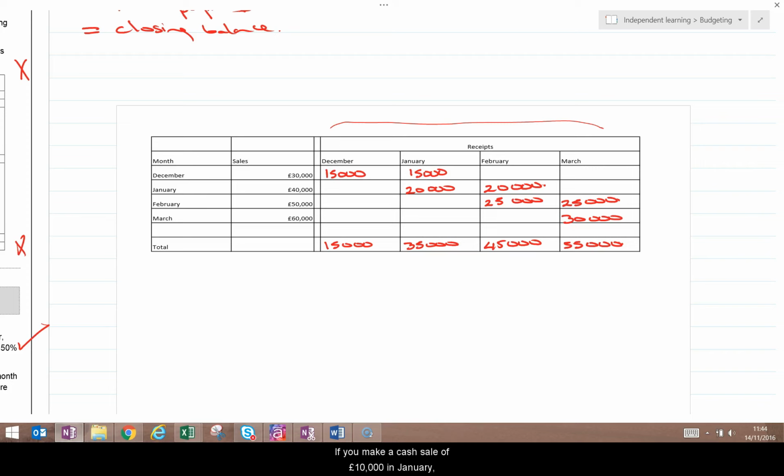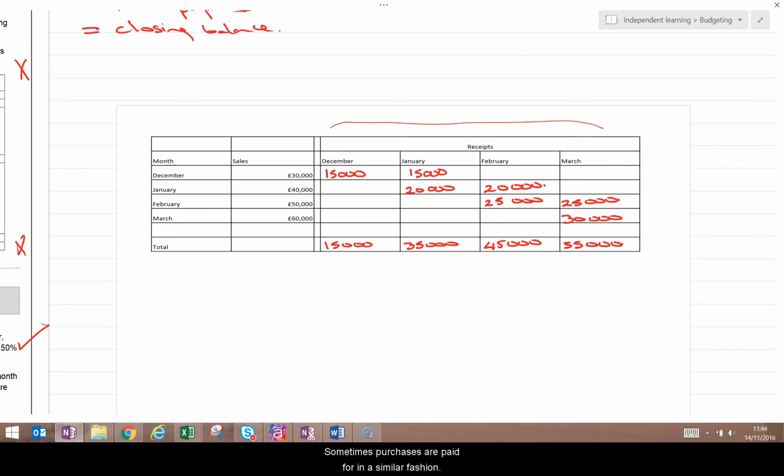So if you make a cash sale of £10,000 in January, your receipt would be in January. That's the definition of the cash sale. The receipt is made at the time of the transaction. So look out for that. Make sure you put your cash sales in the month the sale was made. For your credit sales, work out when you receive the money, so which month you are actually going to receive those funds.